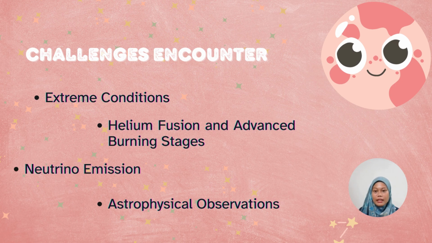Second is helium fusion and the advanced burning stages. The challenge is that while hydrogen fusion via the proton-proton chain or CNO cycle is relatively well understood, the fusion of heavier elements like helium, which is the triple alpha process, and the advanced burning stages, which are carbon, neon, oxygen, and silicon burning, pose a greater challenge.